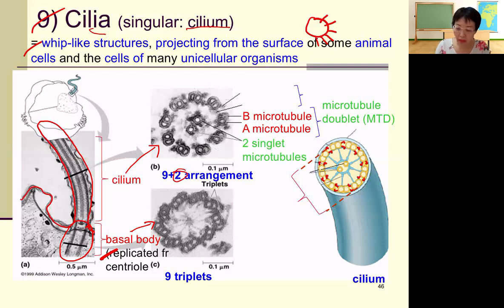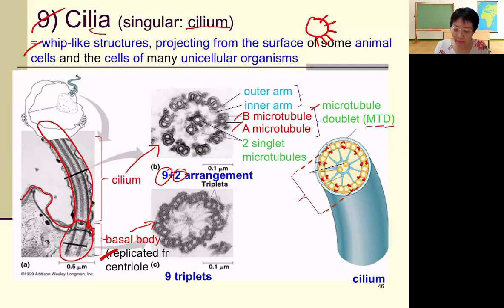You've got A microtubule and B microtubule, which join together to form a microtubule doublet. Altogether, we got 9 of these microtubule doublets at the outer ring of the cilia. Therefore, it's a 9+2 arrangement of the microtubules.